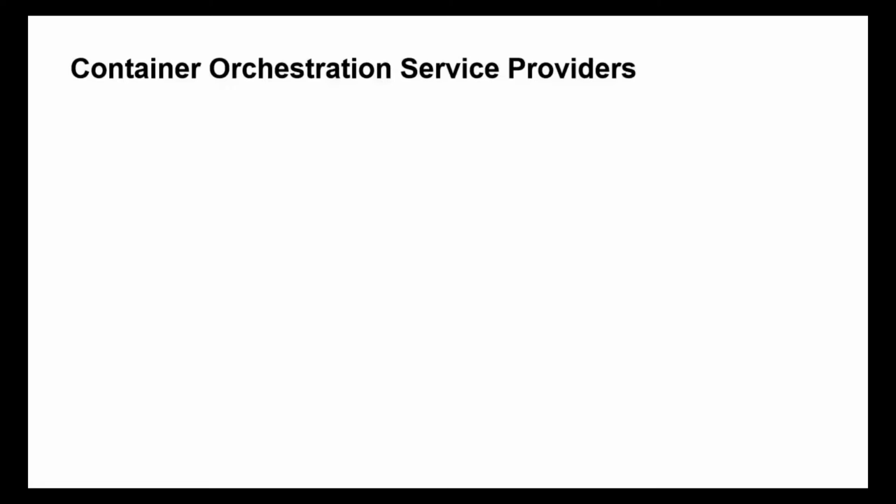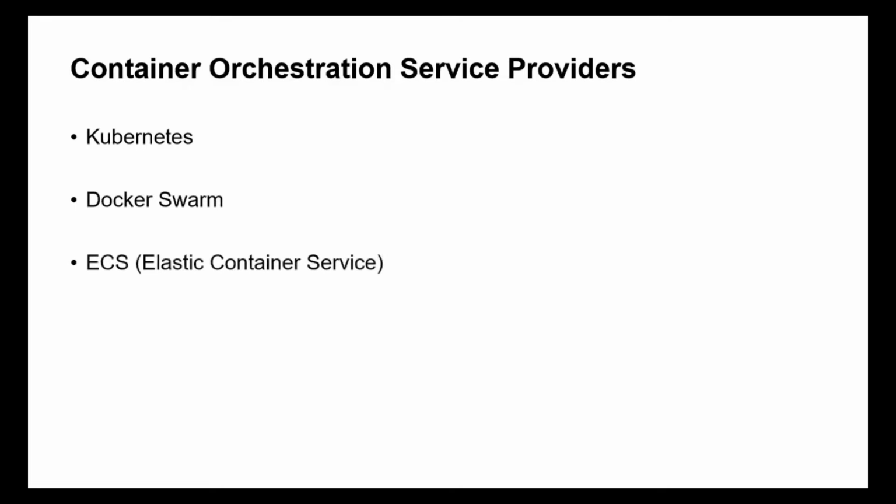First, we will talk about the various container orchestration service providers. We know Kubernetes, one of the very popular container orchestration services. Then we have Docker Swarm. Then we have ECS, the Elastic Container Service, offered by AWS.